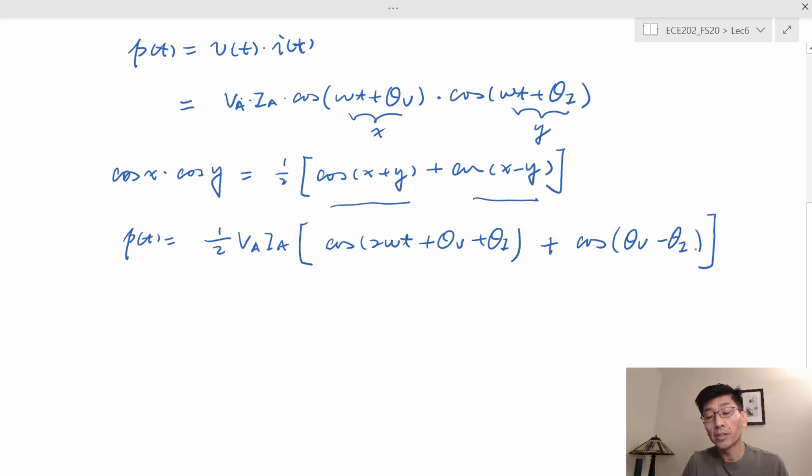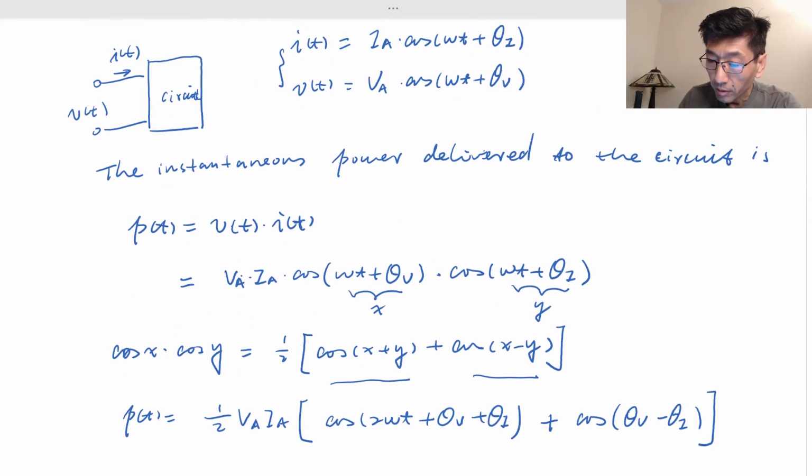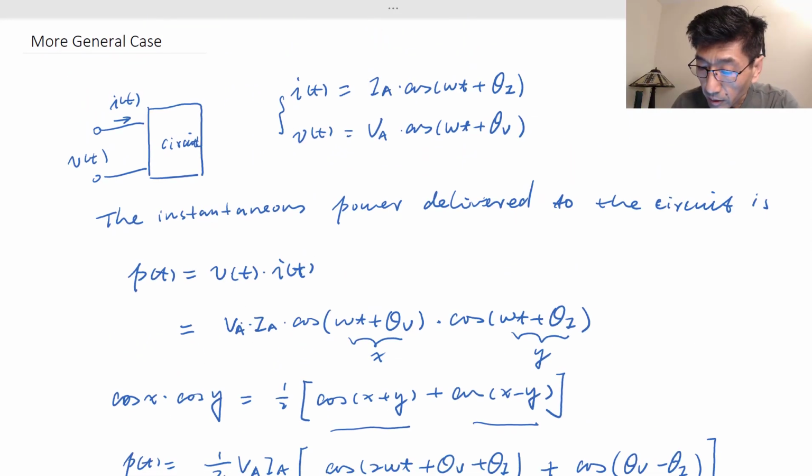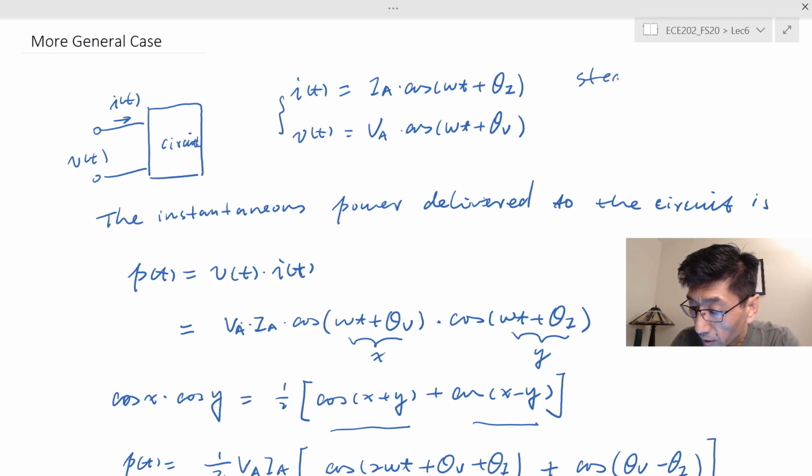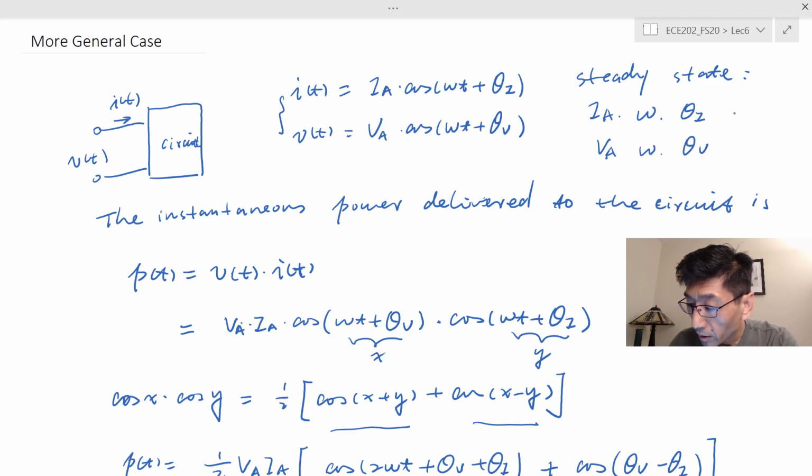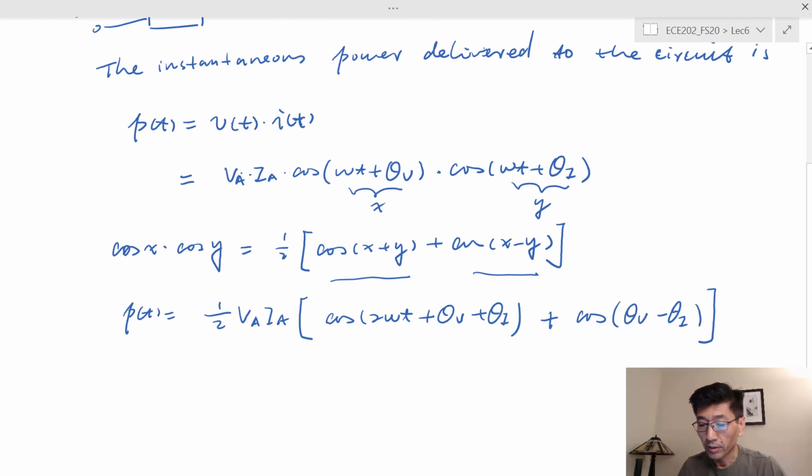And now, for steady state, we know these are constants. Some of you asked the question by posting comments on YouTube: I sub A, omega, theta I, V sub A, theta V, all these are constants. They don't change over time, okay?